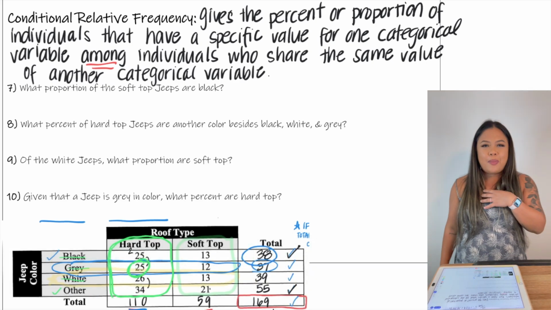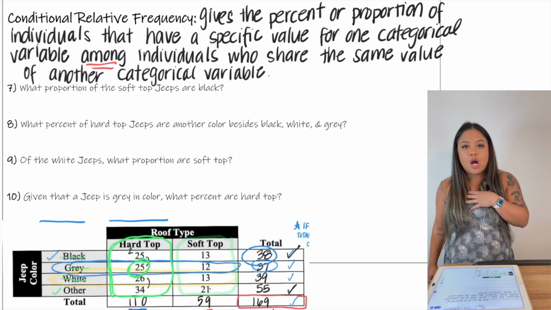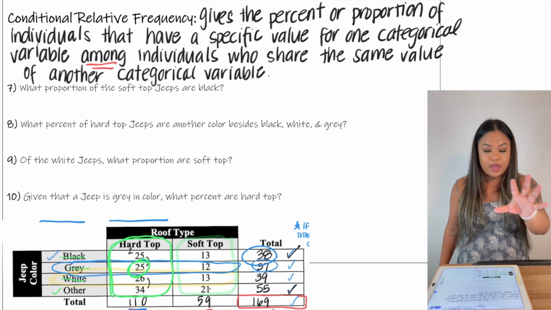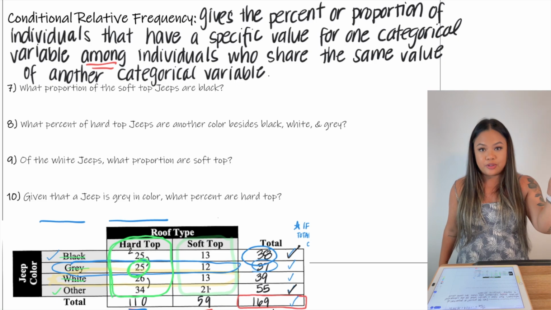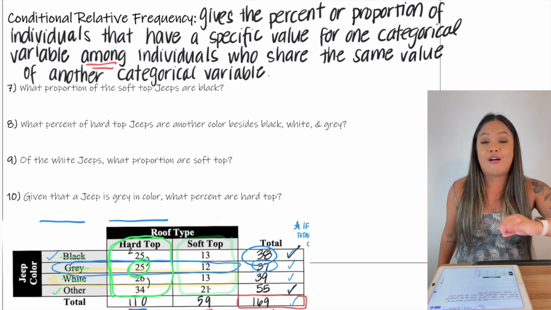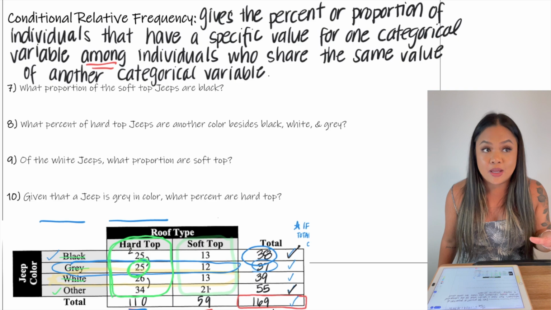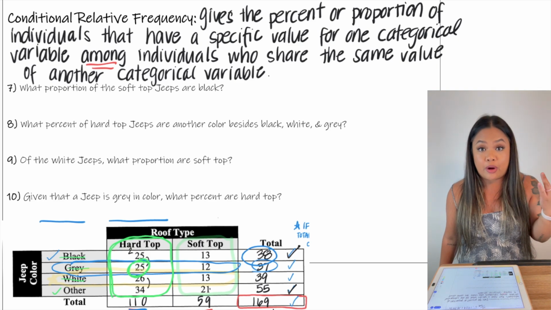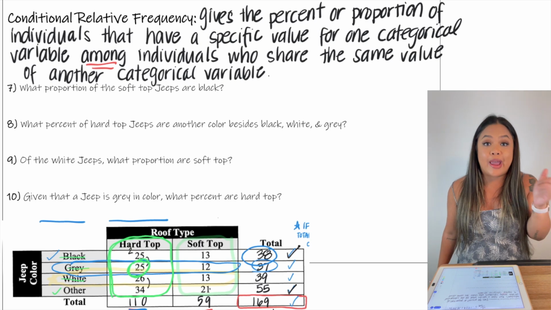Okay, so let's talk about the difference between "and" and "among" another group. "And" is both, and it's usually out of all the things that you're looking at. In the examples that we just did, we were still looking at all 169 Jeeps. We just wanted to make sure that it had the two variables we're interested in: white and soft top, gray and hard top.